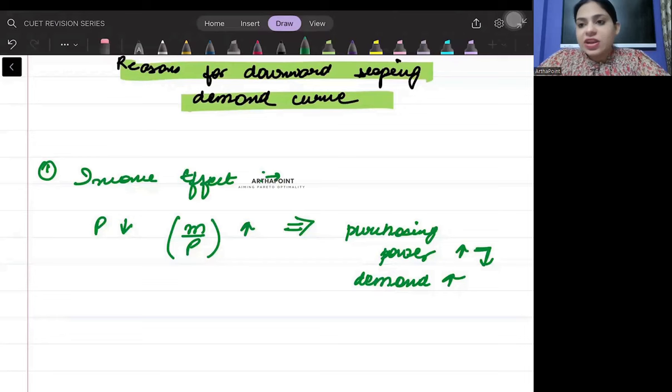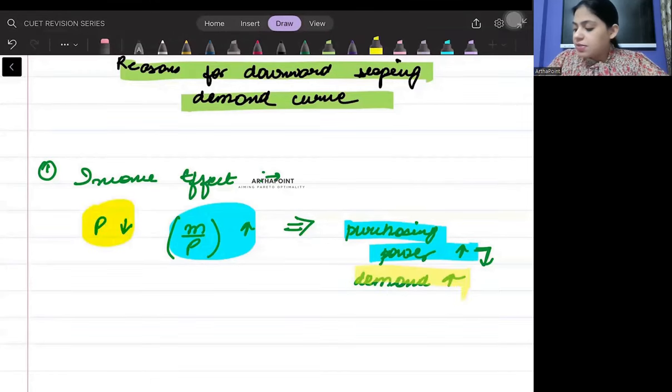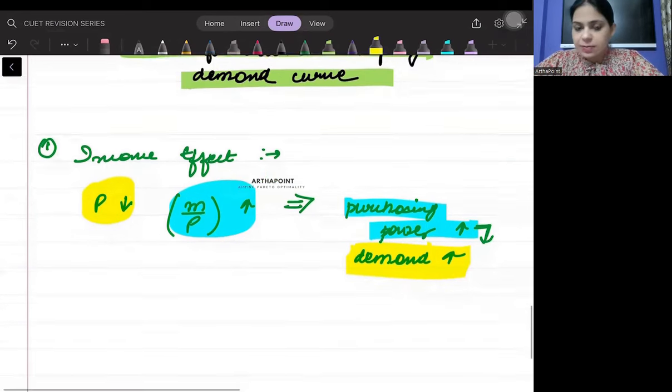Right? So when your price decreases, your real income increases. If your real income increases, you will demand more of the commodity. तो मतलब प्राइस के गिरने पे आपकी डिमांड बढ़नी चाहिए because the real income is increasing.